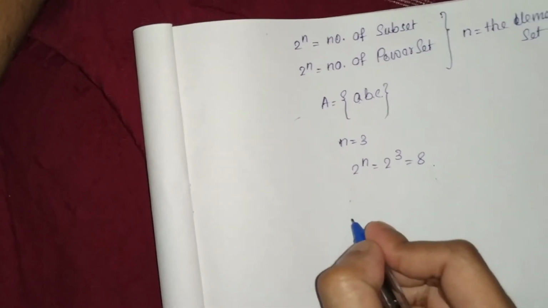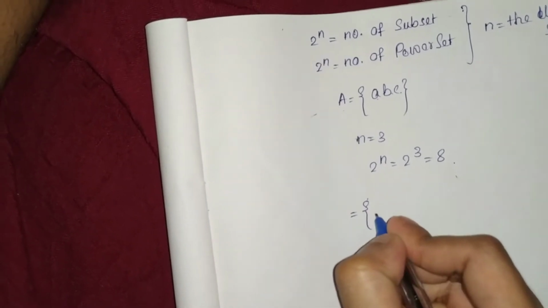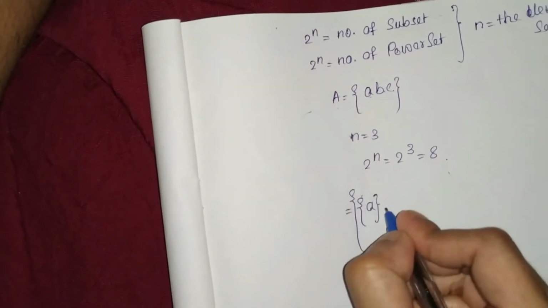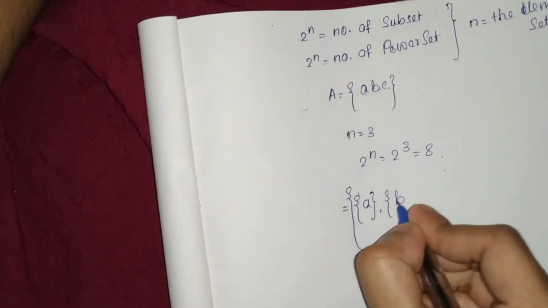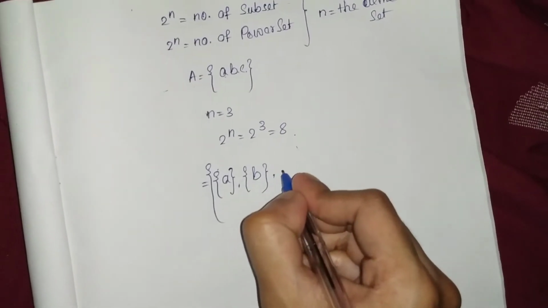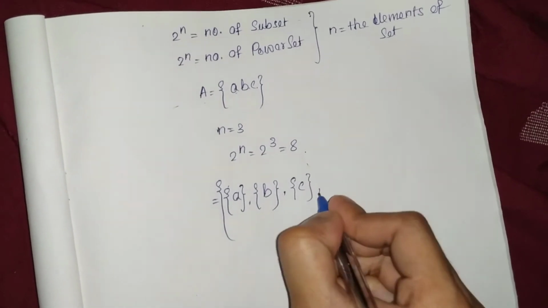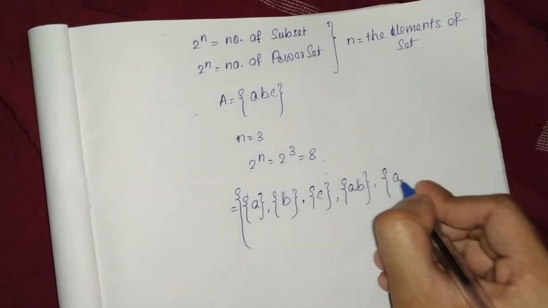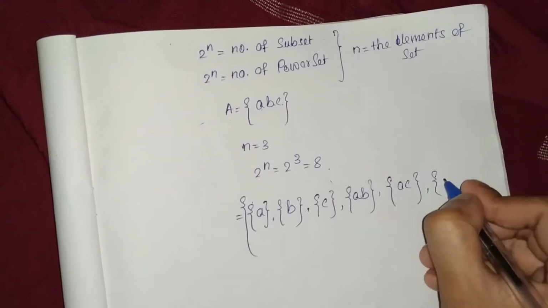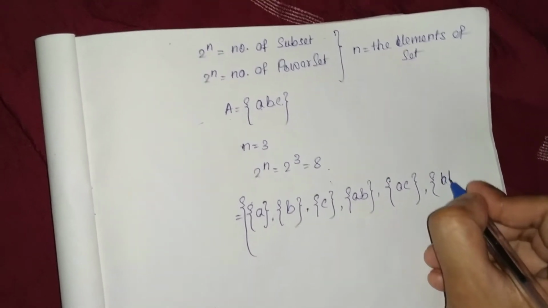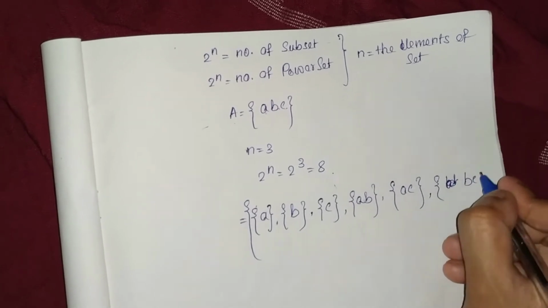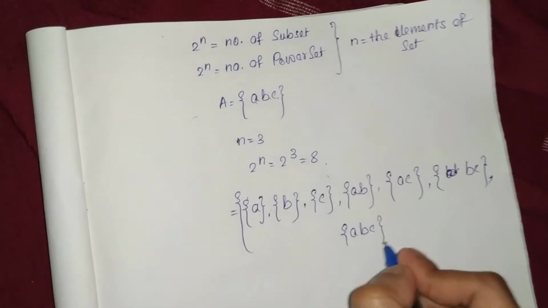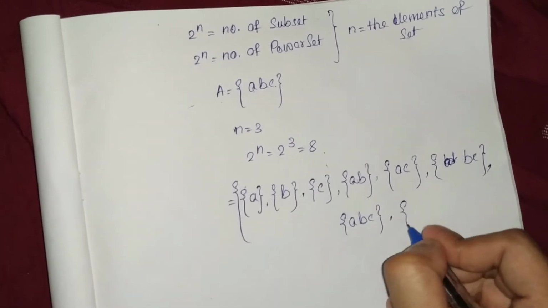Let's check. Big set notation open. A, B, C, AB, AC, BC, ABC is a combination, or phi.